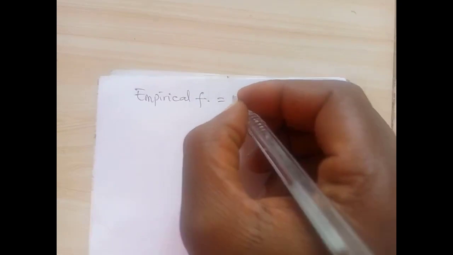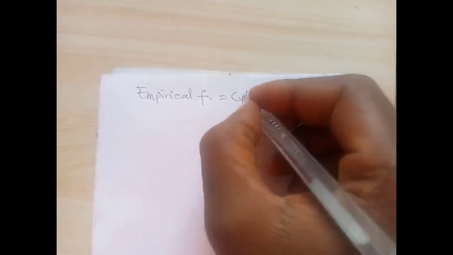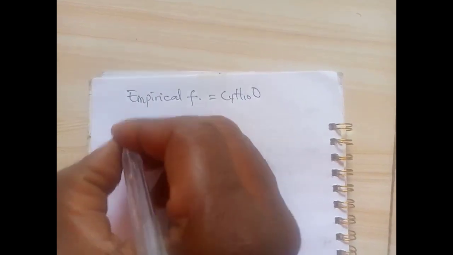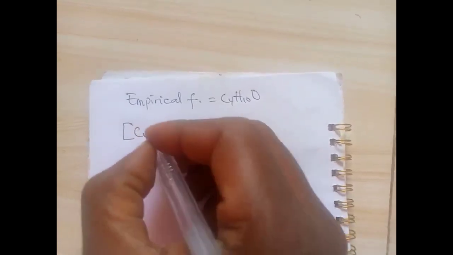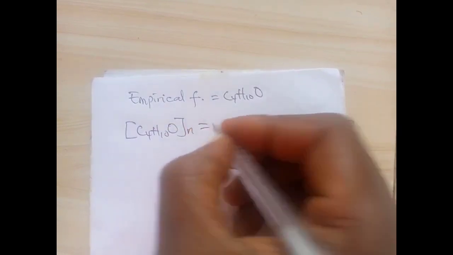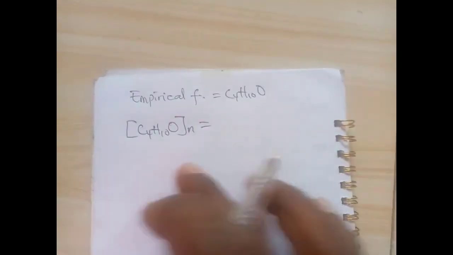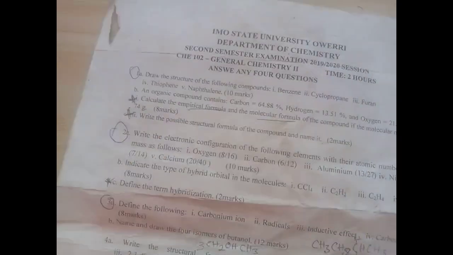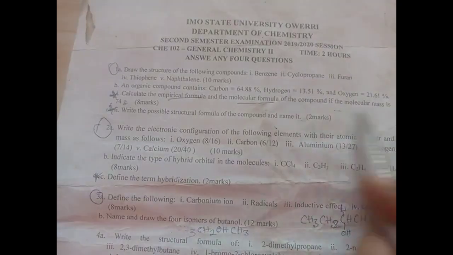So since the empirical formula is C4H10O, for us to now get the molecular formula, we put it as C4H10O, and we were told that the molar mass of this compound, the molecular mass, is 74 grams.